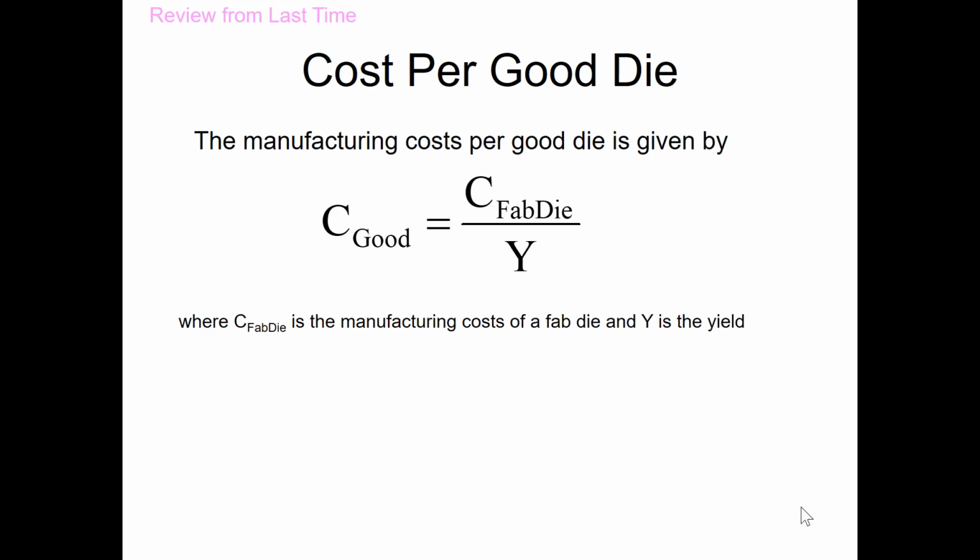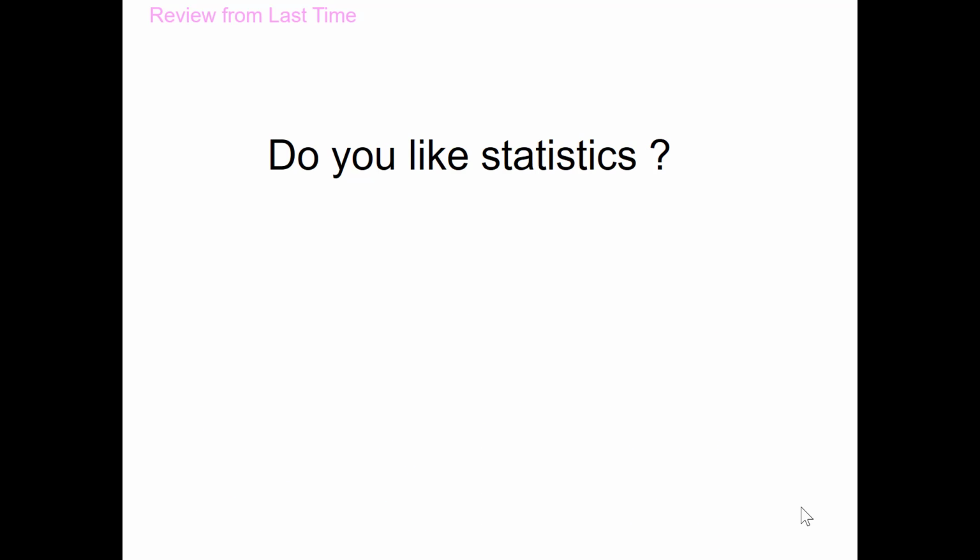But when you have to throw some away, then your cost per good die goes up. So your cost per good die is the cost for fabricating the die divided by the yield that you have for making those parts. And so that was the equation that you should have looked at last time.